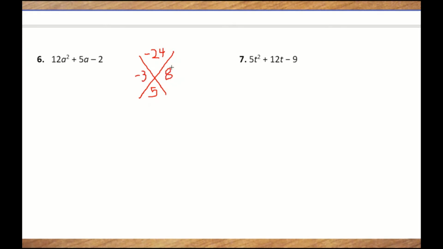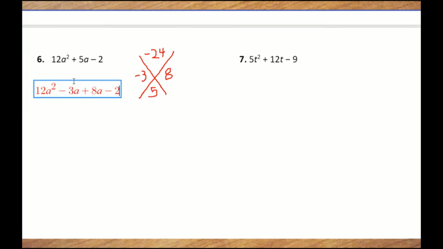Now, going back to what I was talking about earlier, the negative 3 I'm going to put first here, because if I don't, then I'm going to have to factor out a negative on the second group, and ideally I want to avoid that if I can.